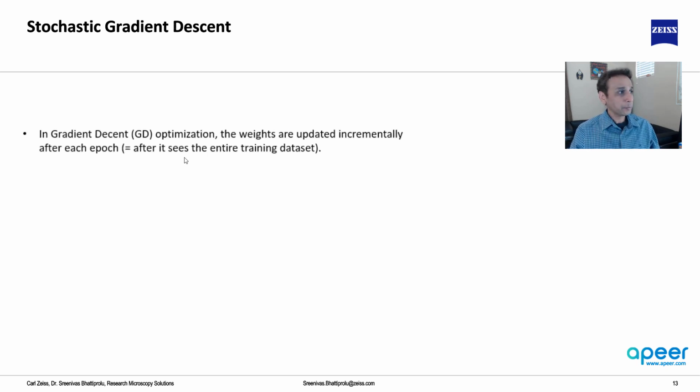Stochastic gradient descent. In gradient descent optimization, we just talked about gradient descent. What is it? You're calculating gradients, and then you're descending in the right direction, hopefully, to find the minima in your loss function. So the weights are updated incrementally after each epoch, right? What is an epoch? Again, I'll talk about this in future, but for now, say you have 10,000 data points.